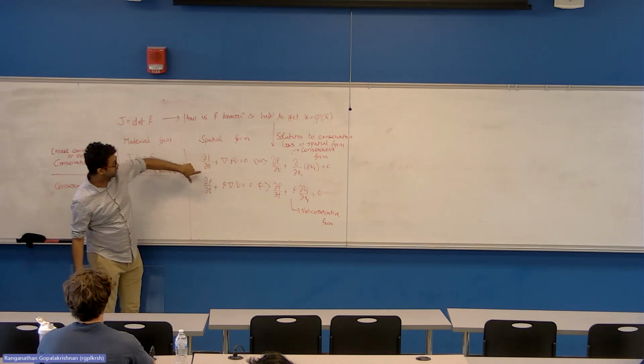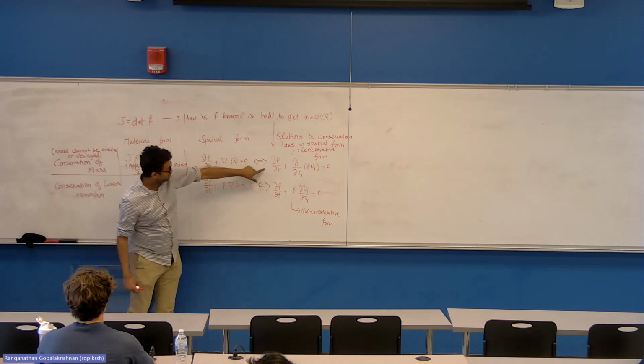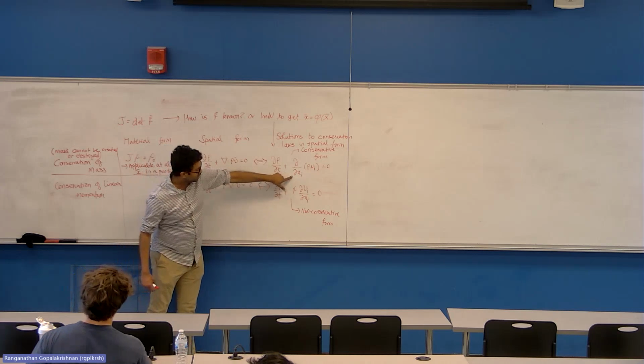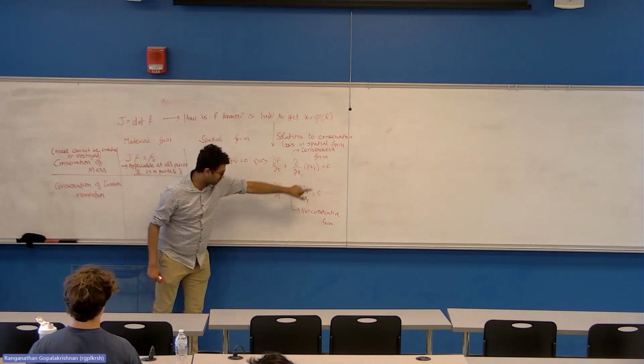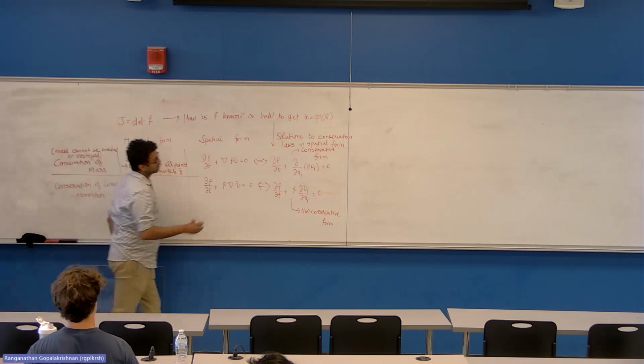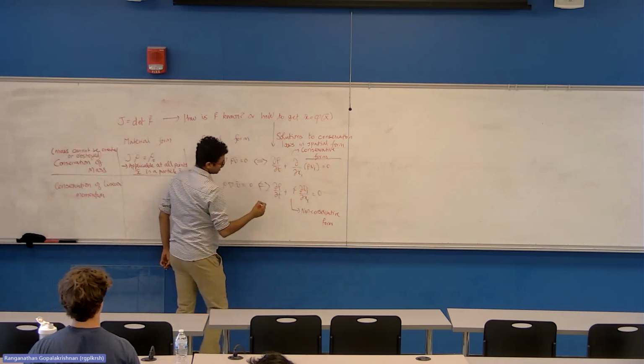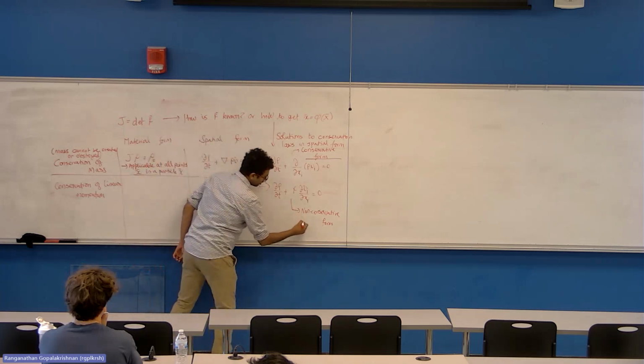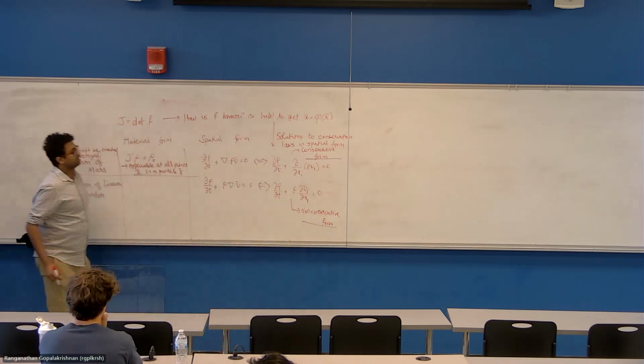This equation in index notation is written as partial rho over partial t plus the derivative with respect to the spatial variable of rho times v_i. This is called the conservative form. I didn't say that last time. And partial rho over partial t plus rho times del dot v equal to 0. This is called the non-conservative form.